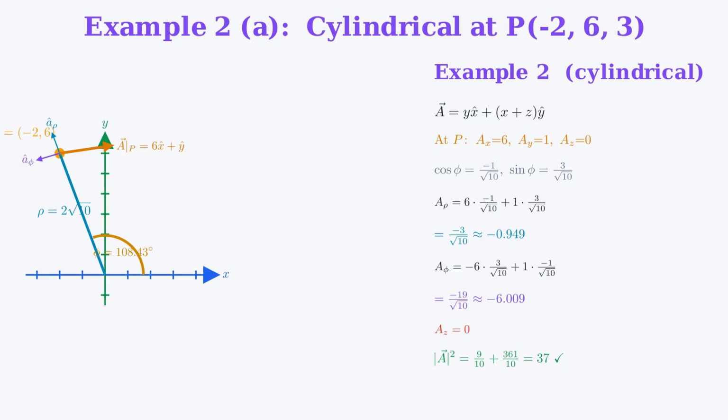Az stays 0. Let's check the magnitude. A rho squared is 9 over 10, A phi squared is 361 over 10, sum is 370 over 10, which is 37. And in Cartesian, the magnitude squared was also 37, 36 plus 1. They agree.